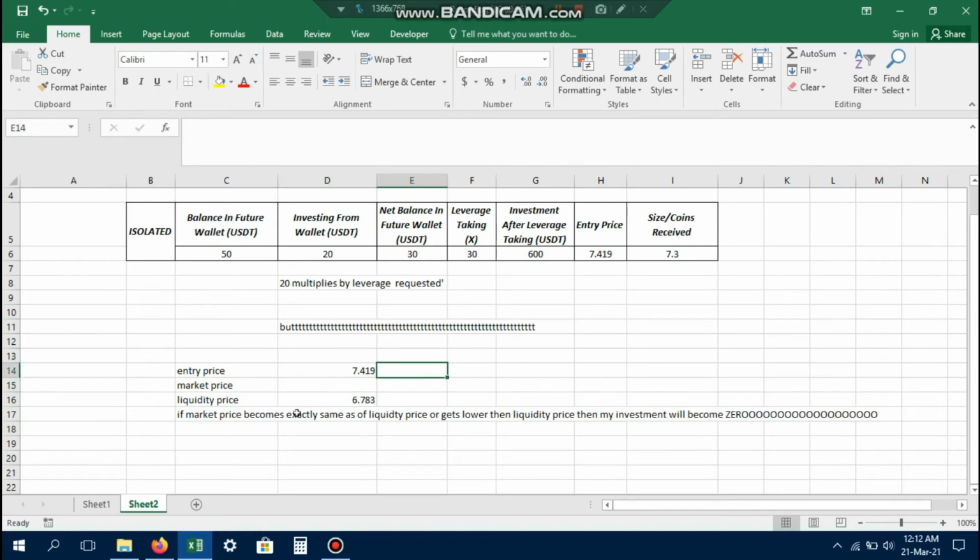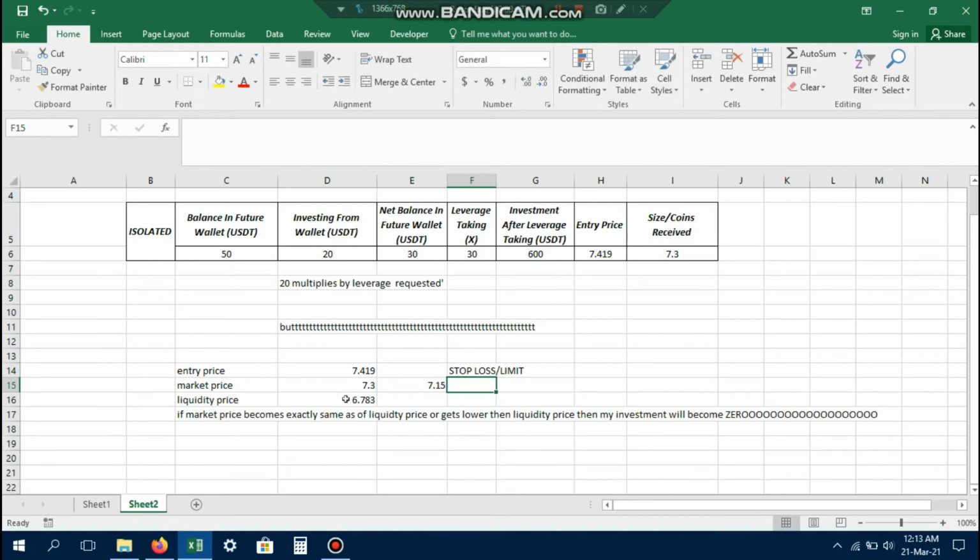What you do in stop loss slash stop limit, both are its names, is that you see the entry price is 7.49 and for example market price first becomes 7.3, then it becomes 7.15.